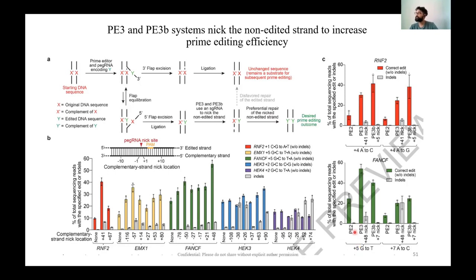Below you see another example in a different gene. In this particular case, with a nick that is 48 base pairs downstream of your edit, you get higher efficiency.